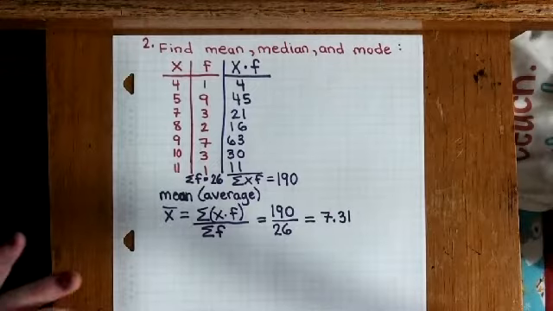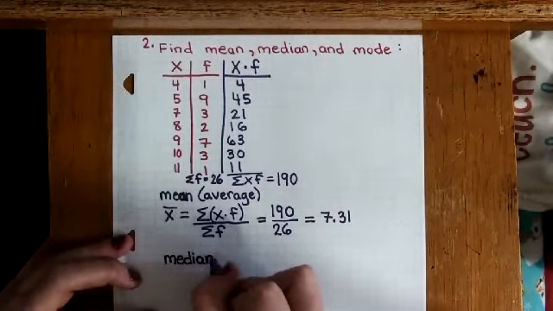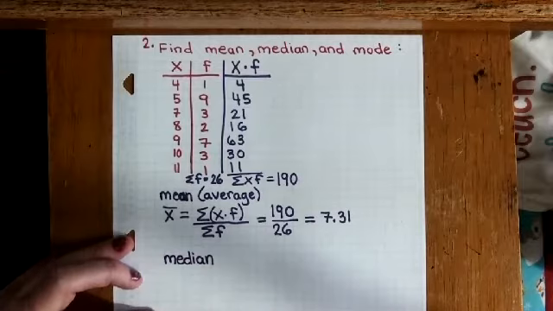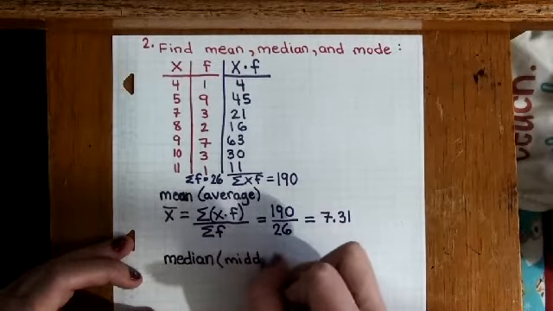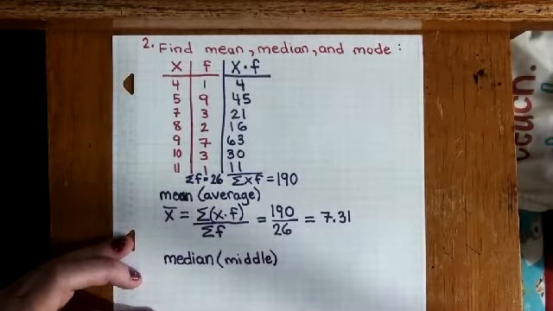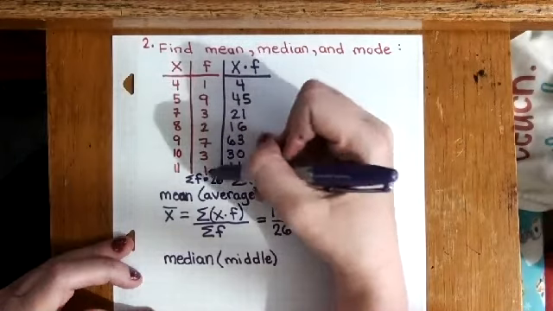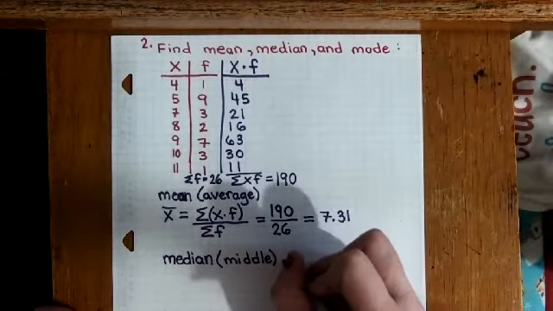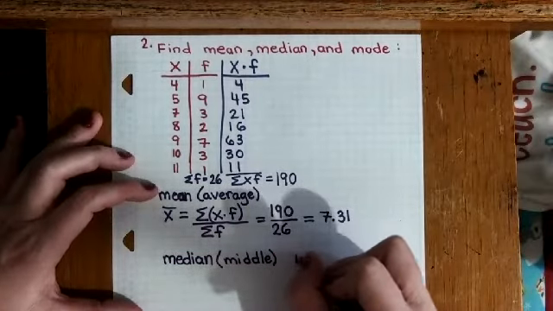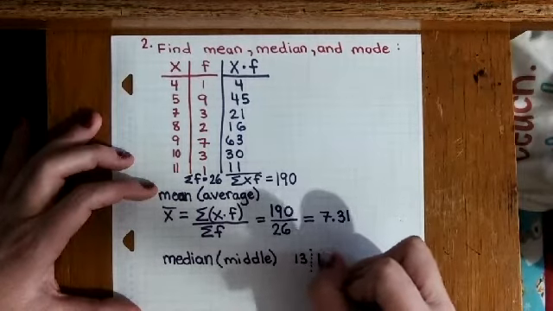Now, to find the median, our list is already in order. It's just in a table form. The median is the middle. Again, here we would have 13 entries on one side and 13 on the other.